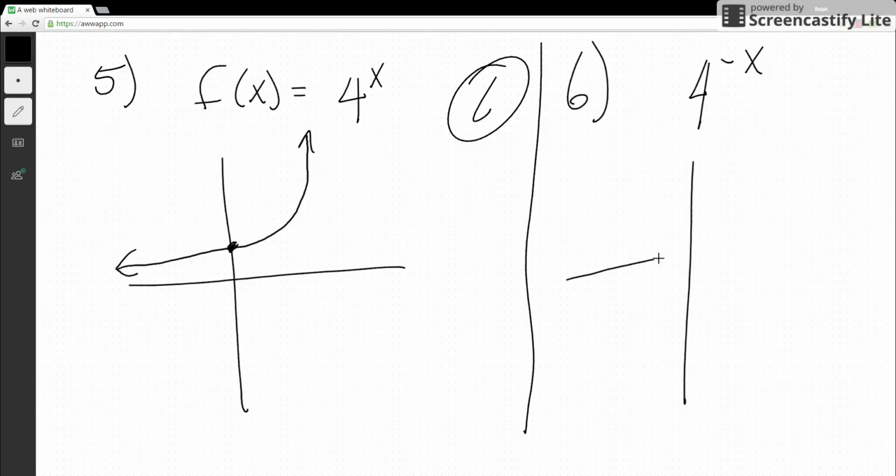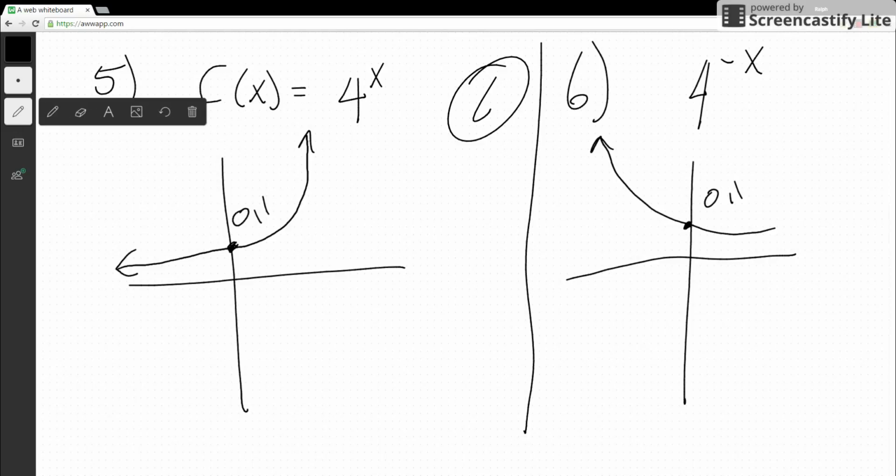Do you remember? So it's the same one as the one over here to the left, just as it goes up the other way, still going through that same point, (0, 1). And that was actually graph D.